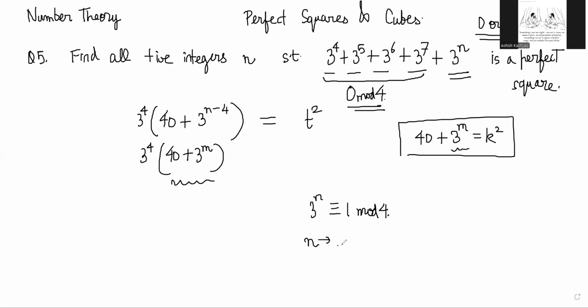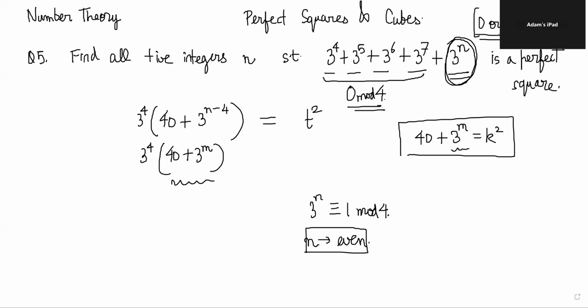Okay. So basically, you're using the fact that a perfect square can be 0 or 1 modulo 4. So this part has to be 0 or 1 modulo 4. And for powers of 3 modulo 4, only 1 modulo 4 is possible, you're saying.